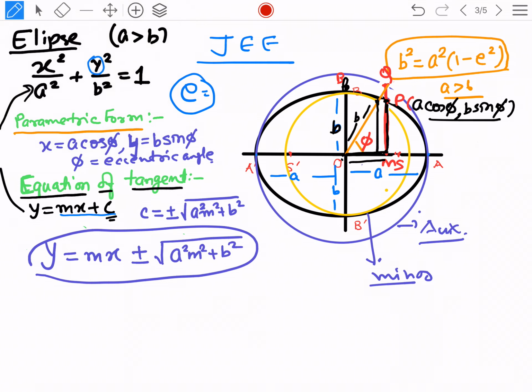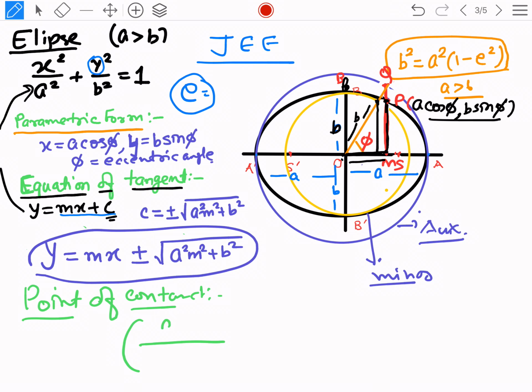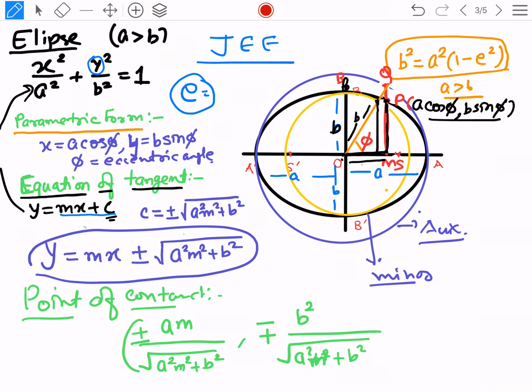And if we check the point of contact for this tangent, then that point of contact is equal to a square m divided by the square root of a square m square plus b square, and if it is plus minus, then it will be minus plus, b square divided by the square root of a square m square plus b square.